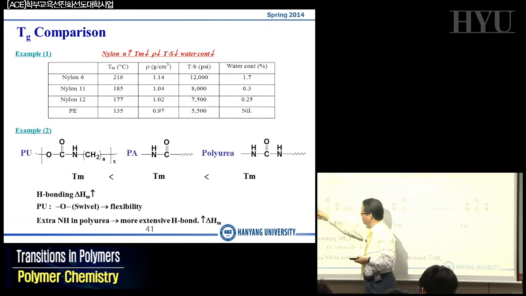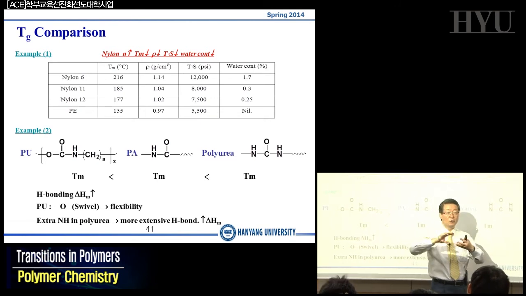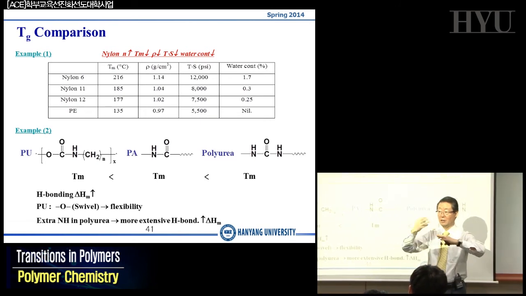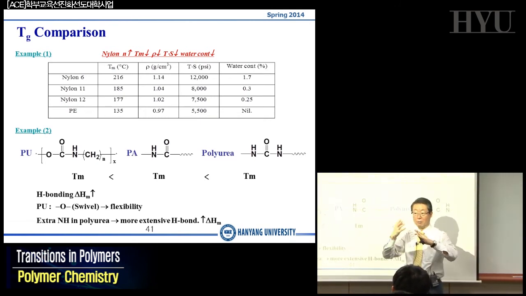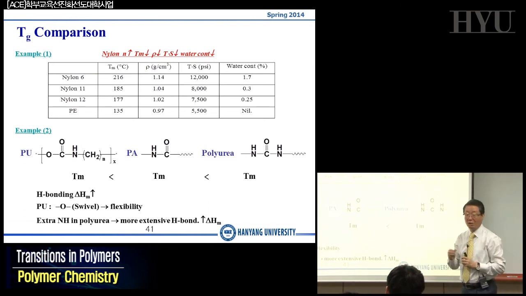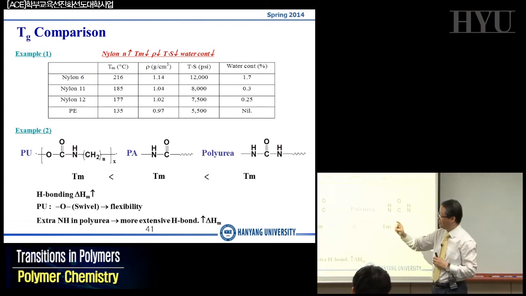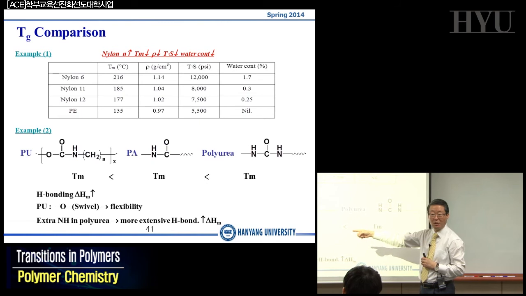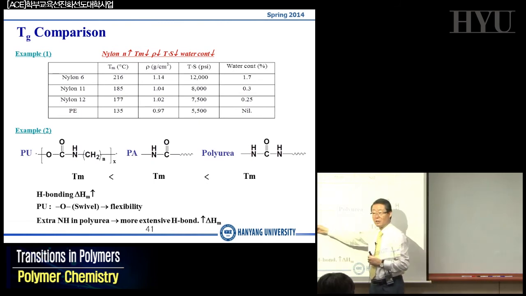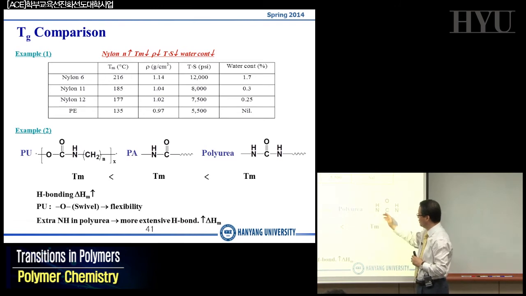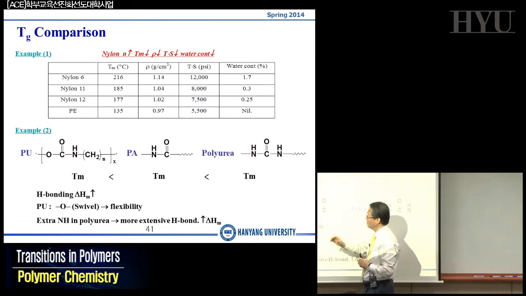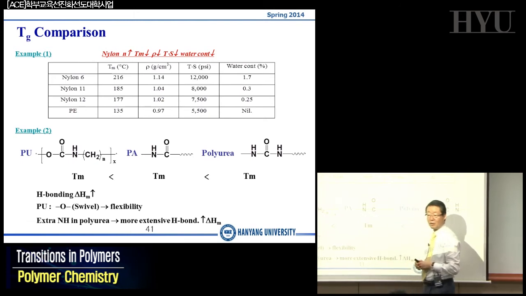This ether group contributes to the rotation, to more flexible units. Flexibility gives you a low melting point compared with the polyamide. If you have one more site for hydrogen bonding, they contribute to high melting points. So the melting point of polyurea is much higher than PA. PA is higher than the polyurethanes.